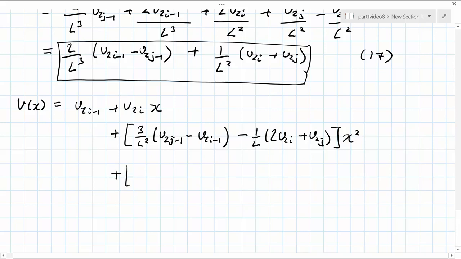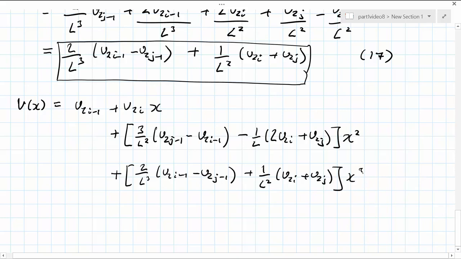plus 2 over L cubed times by u2i minus 1 minus u2j minus 1 plus 1 over L squared u2i plus u2j, and this is all times by x cubed.